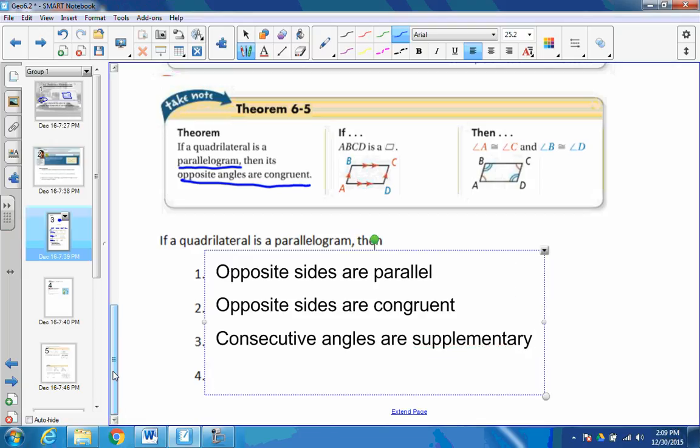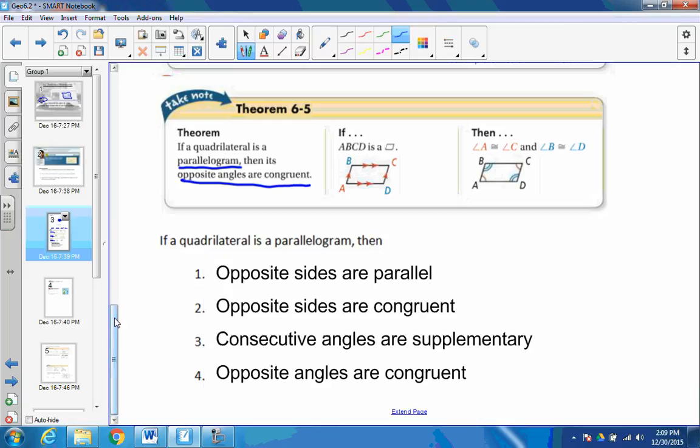And finally, this theorem 6.5, opposite angles are congruent. Those are all four properties of parallelograms. Just any parallelogram, those four properties are true, always.